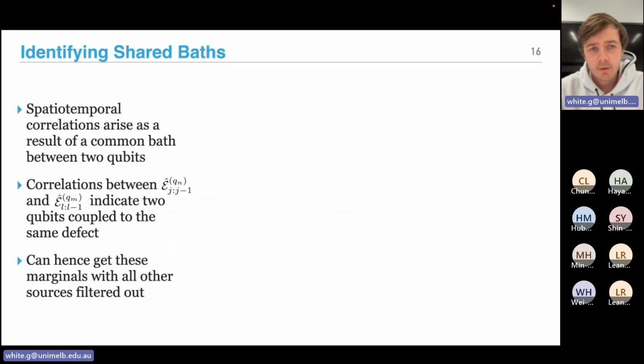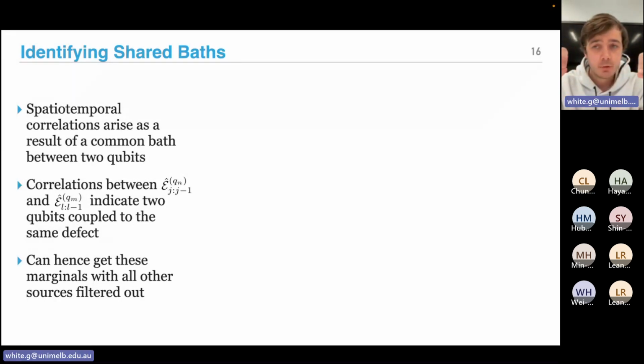What it allows me to also do is, if I look at spatiotemporal correlations, then it allows me to identify shared baths. So suppose you have two qubits which are commonly coupled to the same environment. Then information could travel from qubit 1 to the environment at some time, and then at a later time come back into qubit 2.